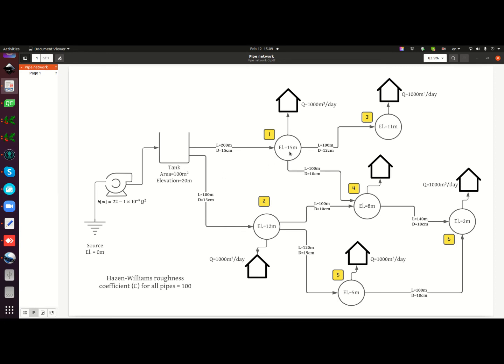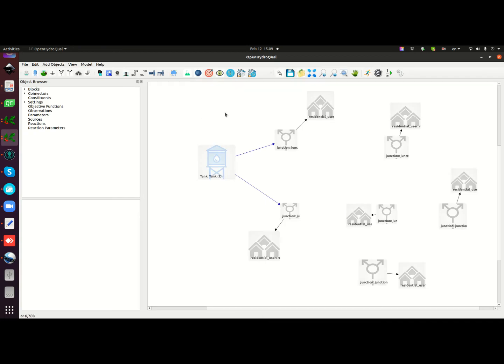So I have from junction 1 it goes to junction 3 and 4, and then from junction 2 it goes to junction 4 and 5, and then both 4 and 5 are connected to 6. So basically junction 1 goes to, oh, I need to pick the pipe, so it goes to here, and then this one goes to here, and then I'm going to have this one here.